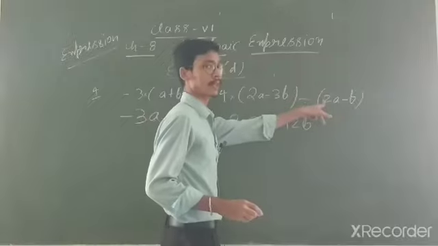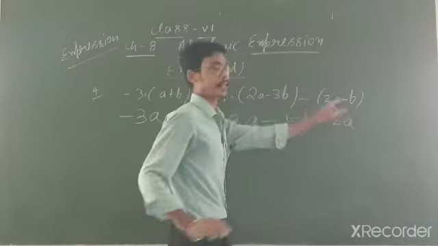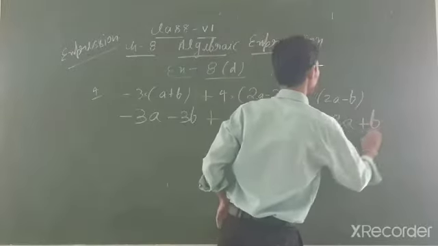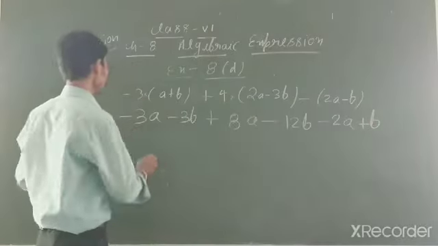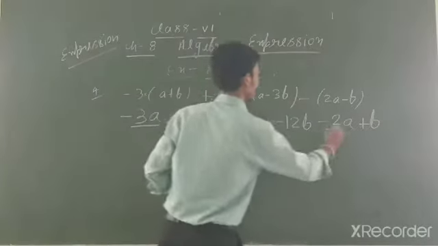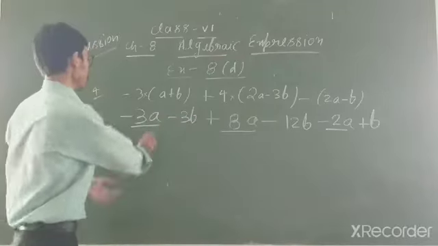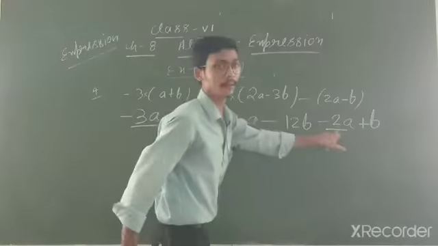Again minus plus minus, so write down -2a, minus minus plus b. Clear student? Now solve this. -3a, where a is given, plus 8a minus 2a. Clear? So you have to see a is given in 3 places.